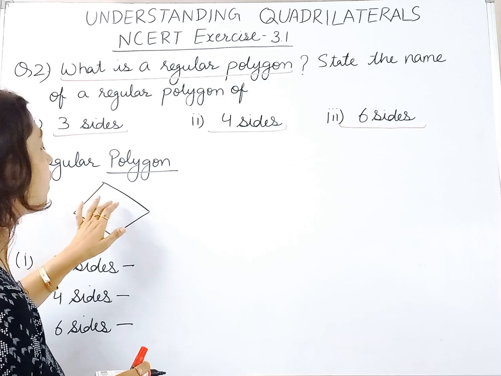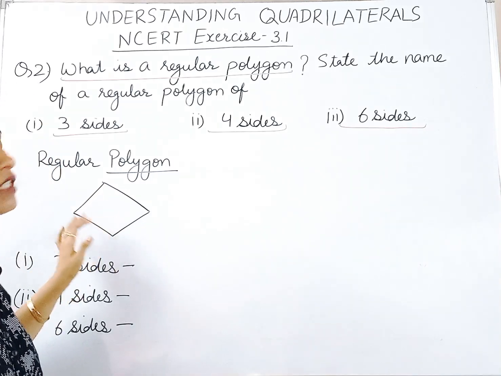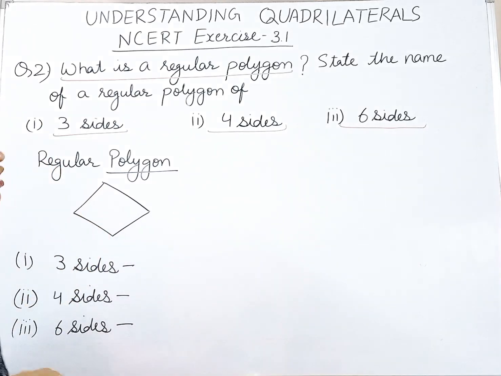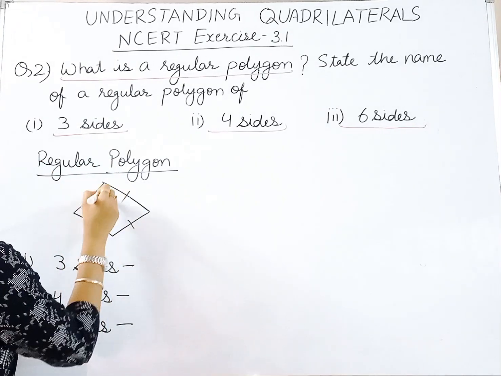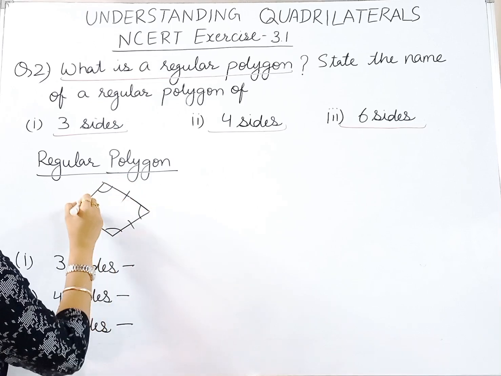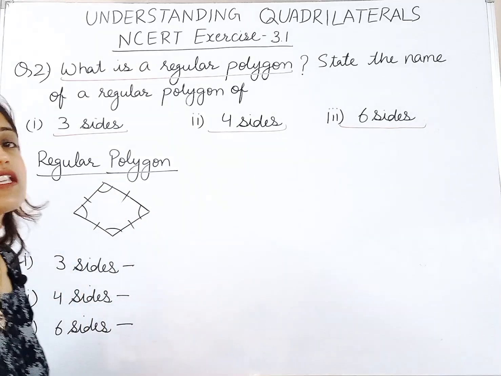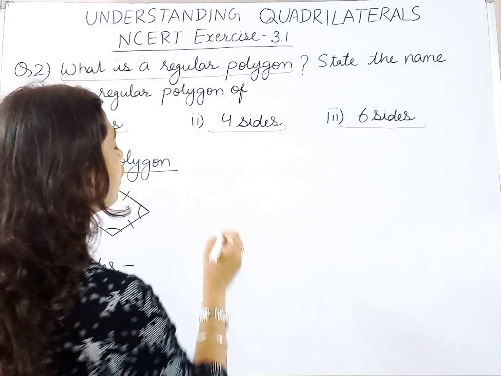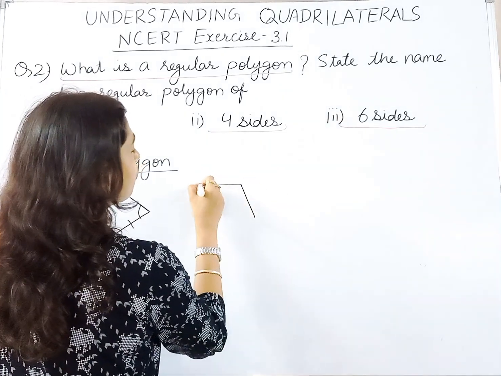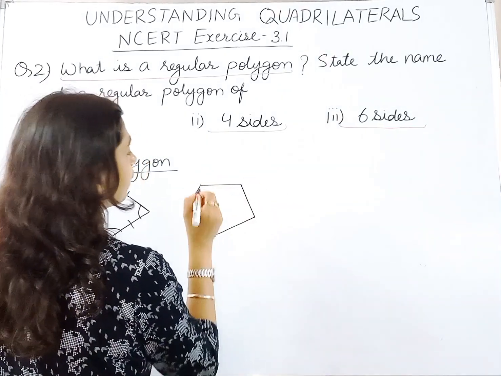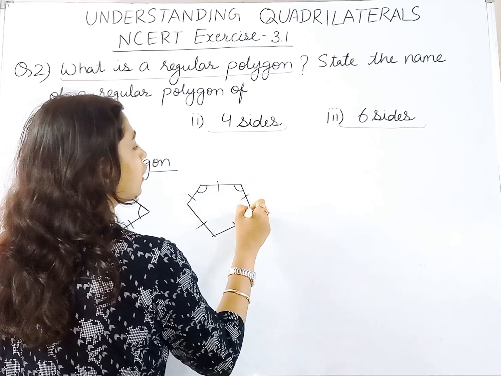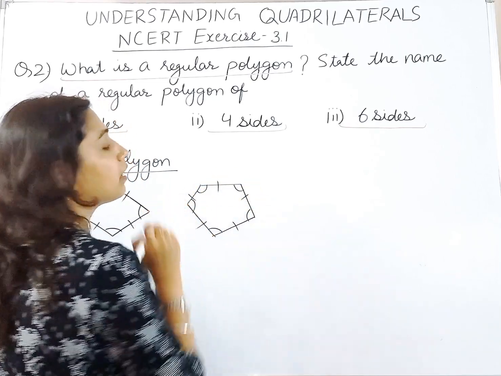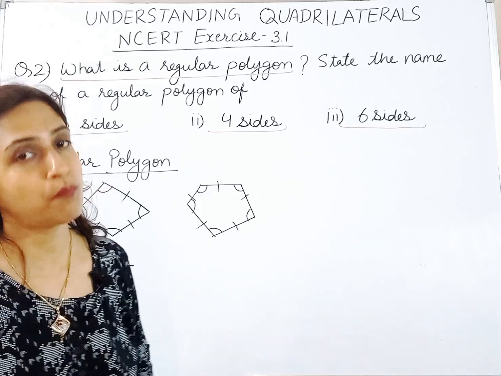What is a regular polygon? If in a polygon all the sides and all the angles are the same, then this figure is known as a regular polygon.